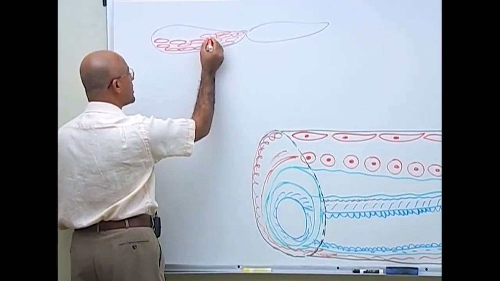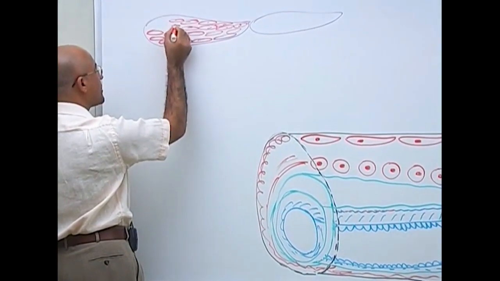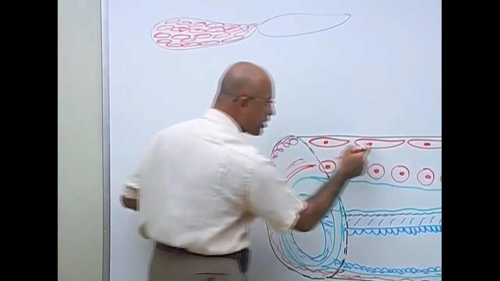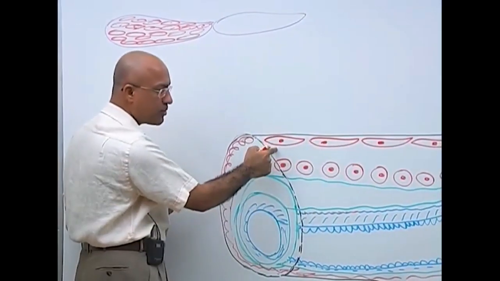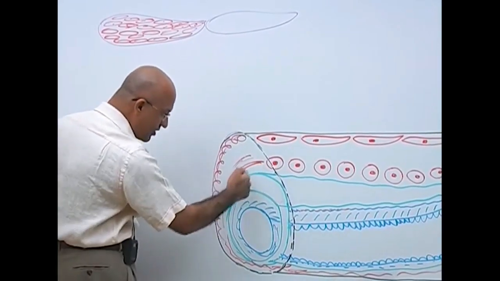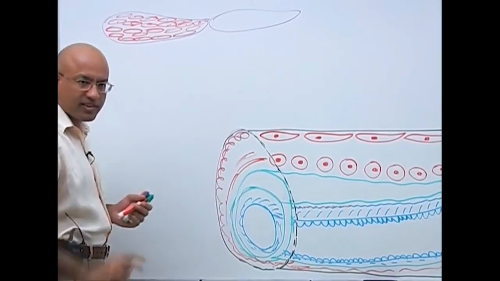And these bundles of the smooth muscles are oriented longitudinally in the outer layer of muscularis externa, and same bundles are present circularly in the inner layer of muscularis externa.